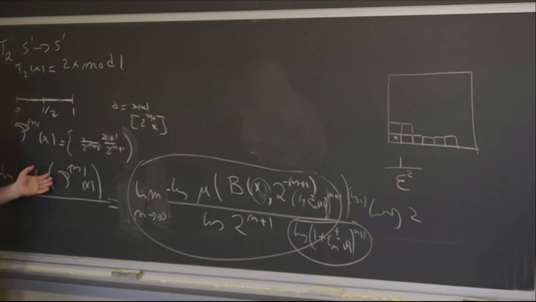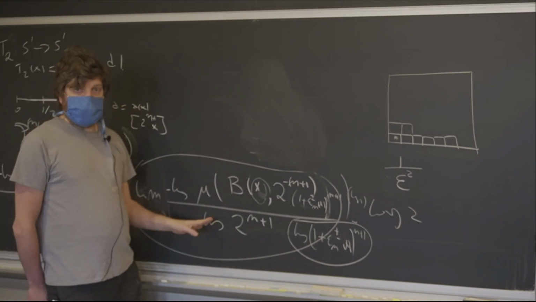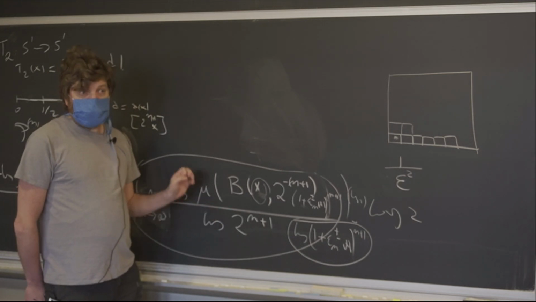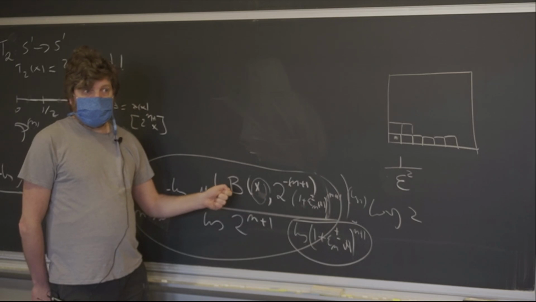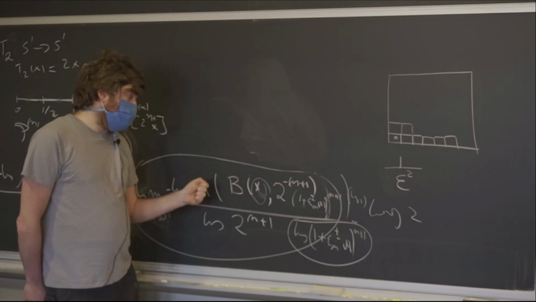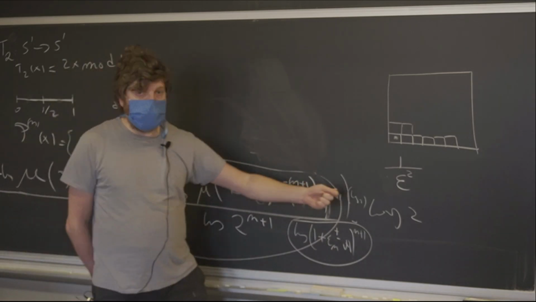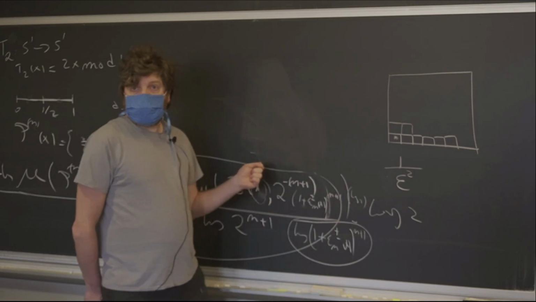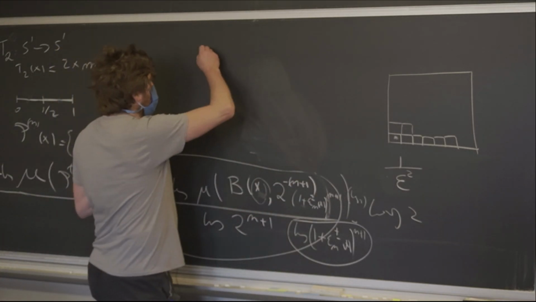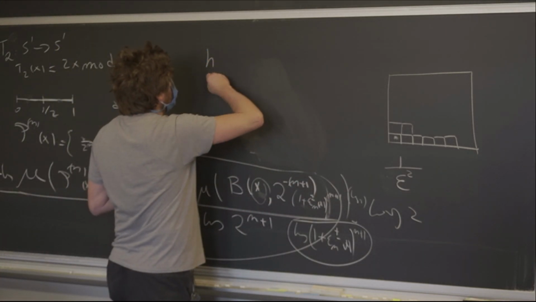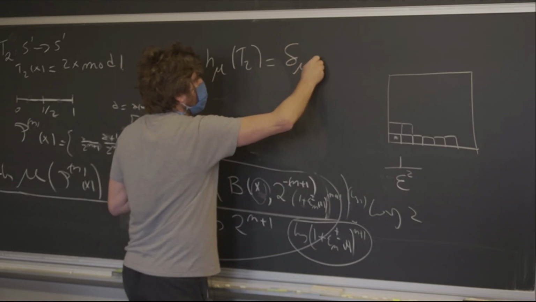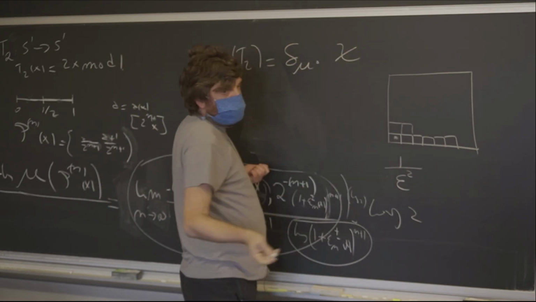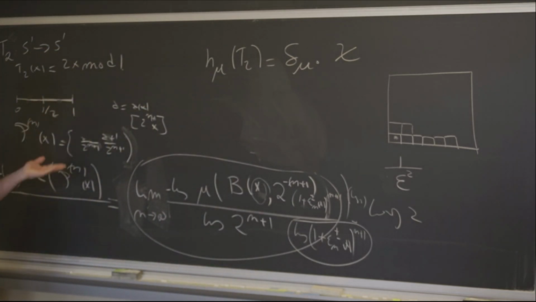Okay, so this implies that this limit here exists, which implies dimension at the point x exists. And its value is entropy divided by log 2. And that's the Ledrappier-Young entropy formula. Entropy for mu, for times 2, is dimension times the Abramov exponent, which is log 2 here because it's just times 2.